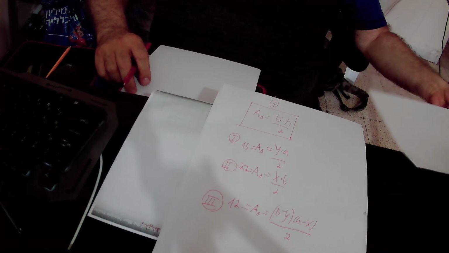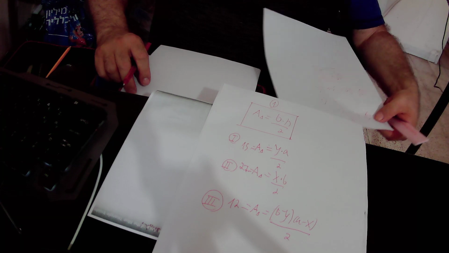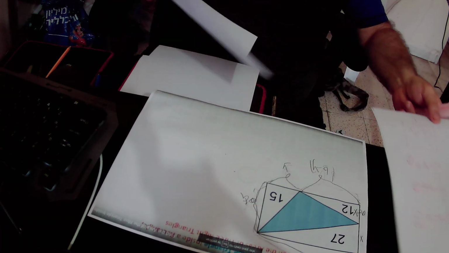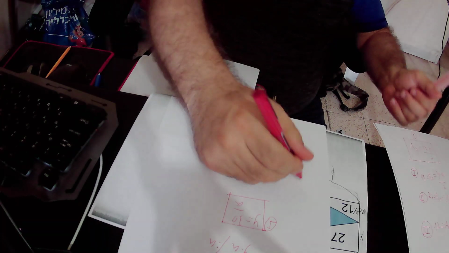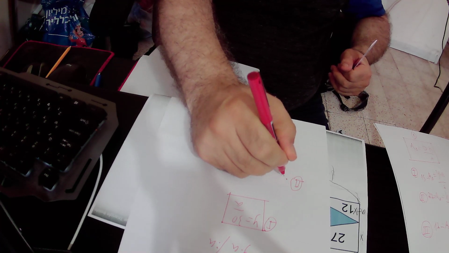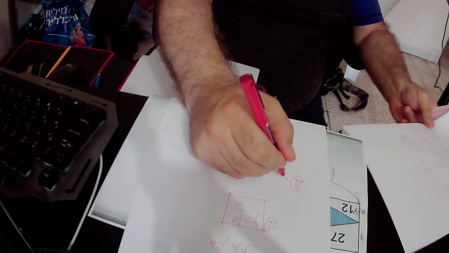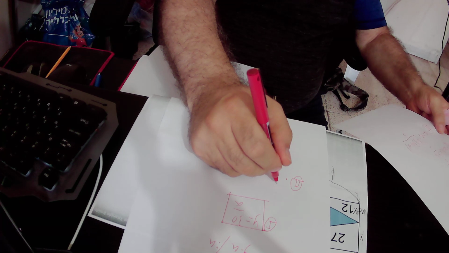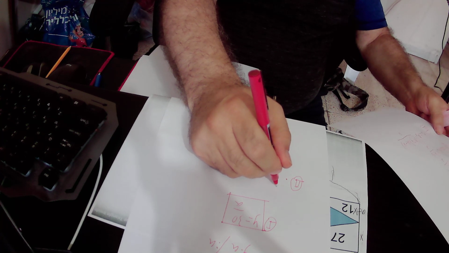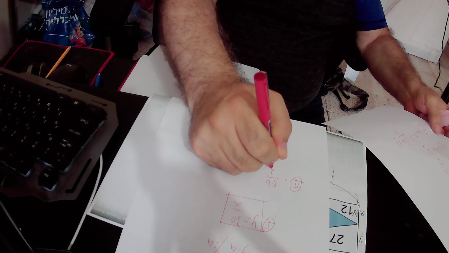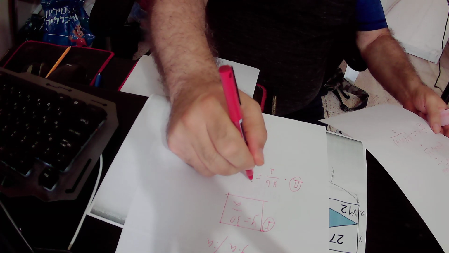So we can write the second equation again. Actually, x times b divided by 2 equals 27.